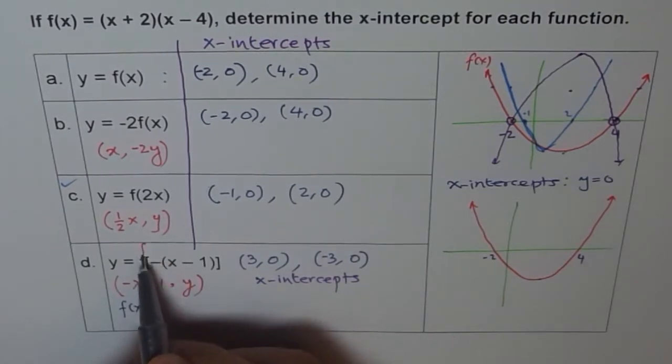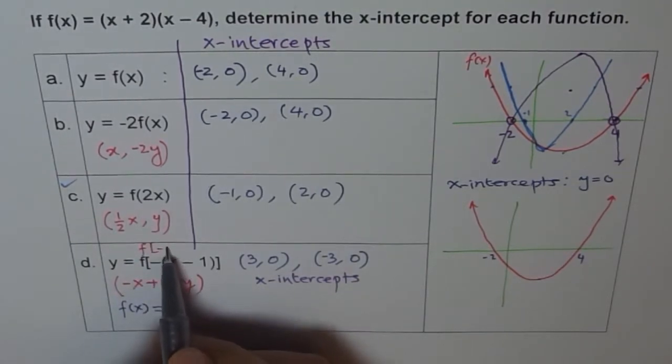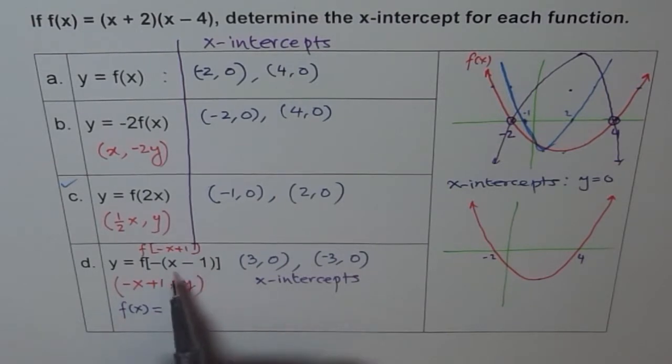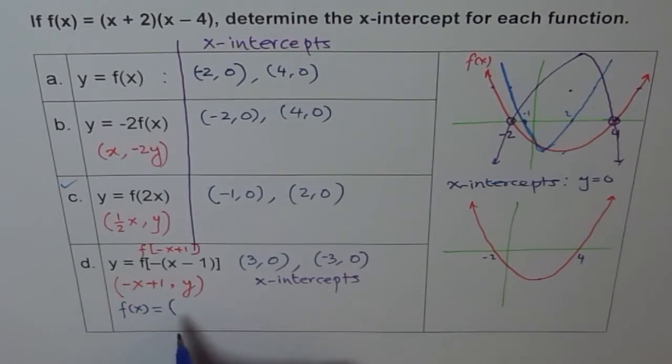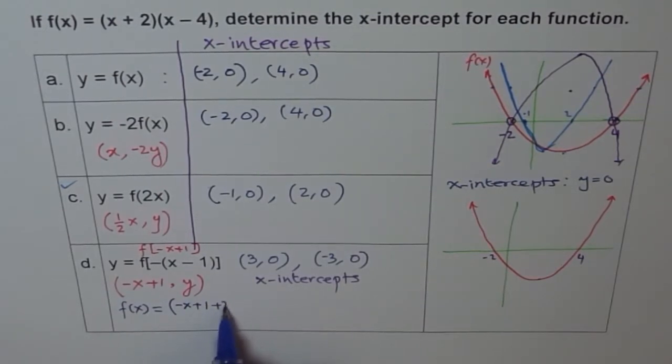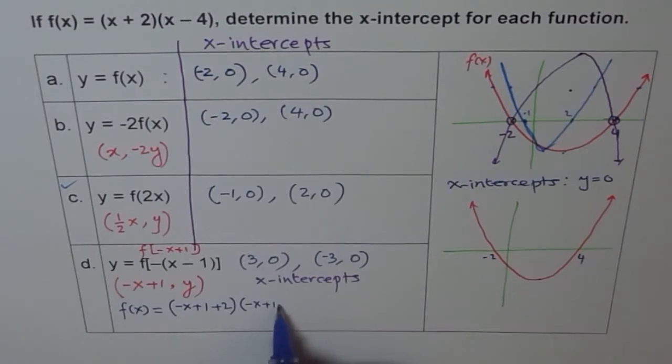So I'll replace this x with minus x plus 1. So what will I get? I'll get f of x, instead of x I'm writing minus x plus 1, and I already have plus 2 there, times minus x plus 1, and I have minus 4 there.